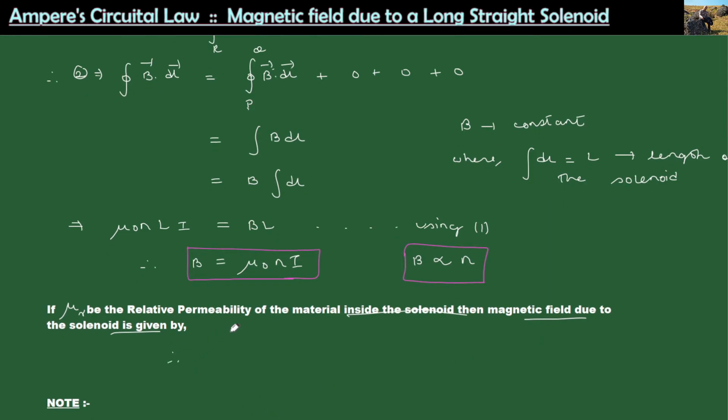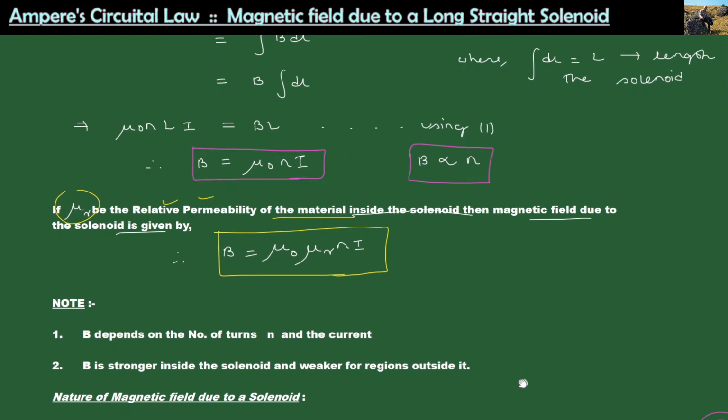We just multiply B by mu r in the above equation: B equals mu naught mu r n I. This will be the equation for the magnetic field due to the solenoid when a material having relative permeability mu r is placed inside it. So from here, some important conclusions.